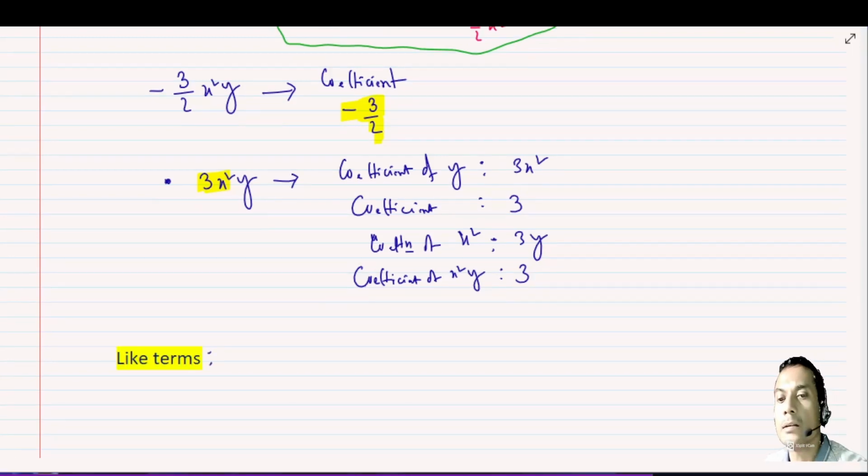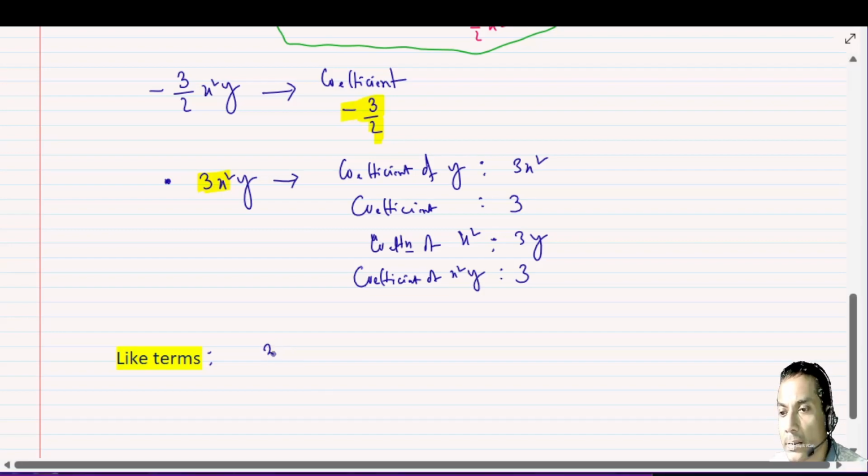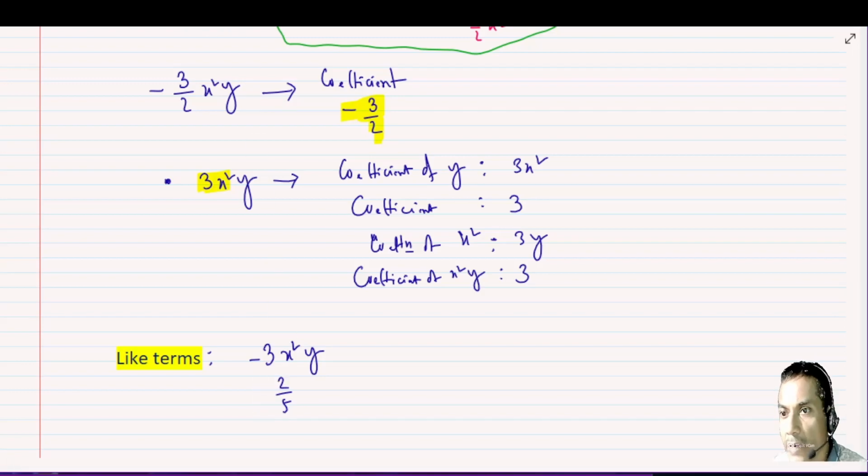Next we learn the like terms and unlike terms. So let me give you one example. Minus 3x square y and minus 2 by 5, sorry, it is plus 2 by 5 x y square.